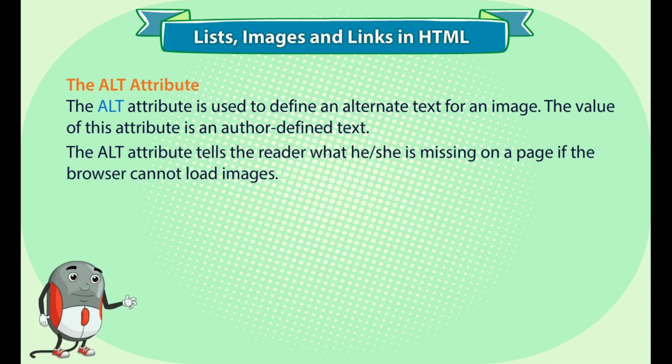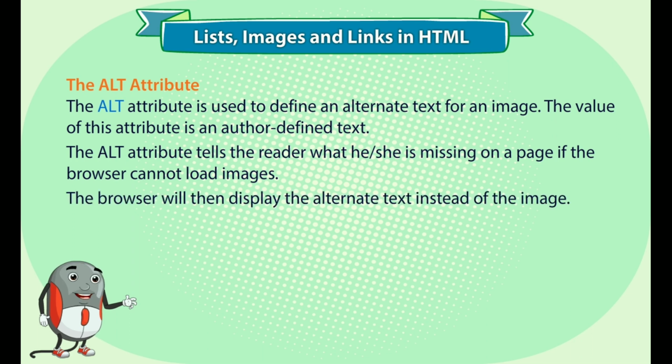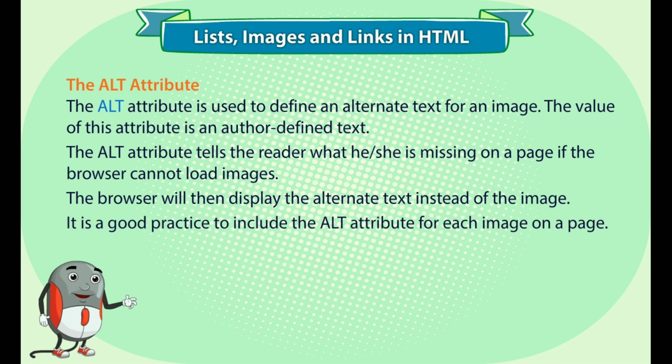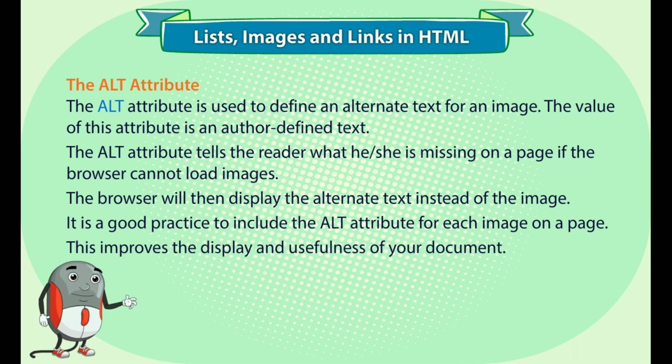The alt attribute tells the reader what he or she is missing on a page if the browser cannot load images. The browser will then display the alternate text instead of the image. It is a good practice to include the alt attribute for each image on a page. This improves the display and usefulness of your document.